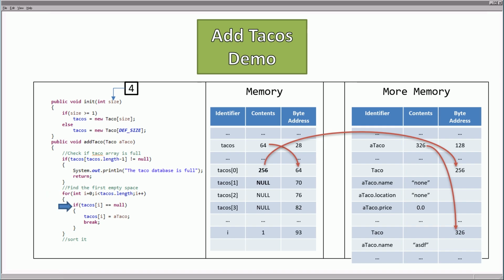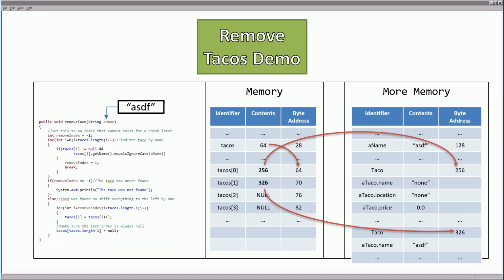Tacos at index 1 is null. So then we assign tacos at index 1 to be the memory address 326. This now points down to here. We break. Now once again, the parameter aTaco no longer exists. However, we still have the reference right here.